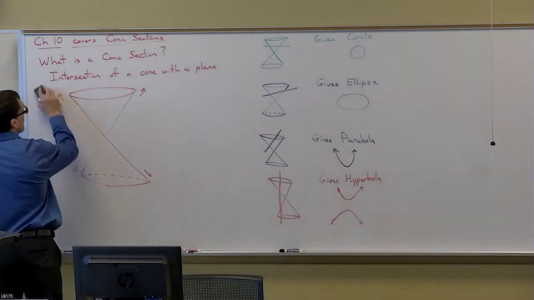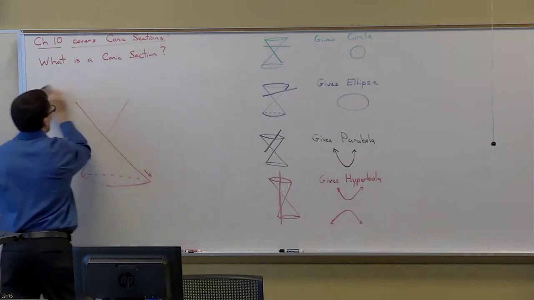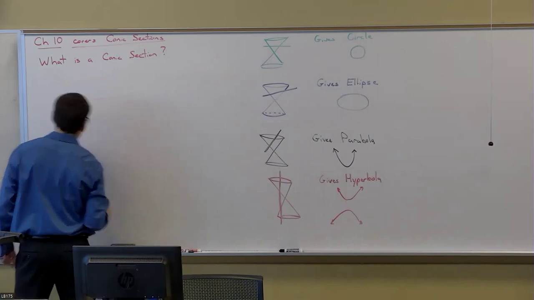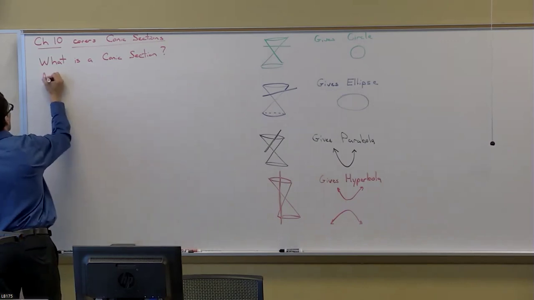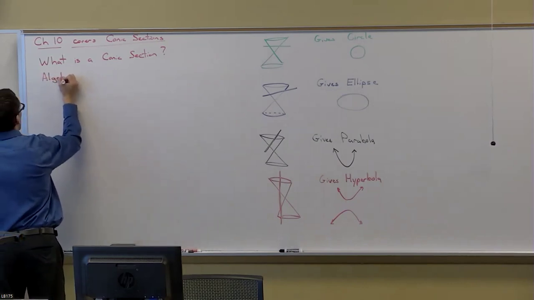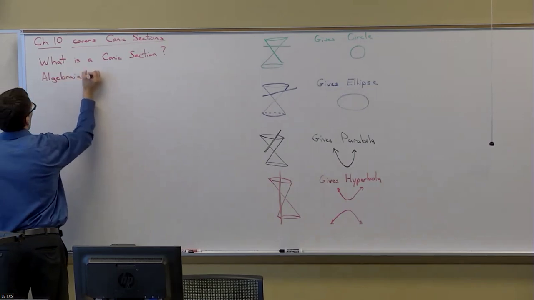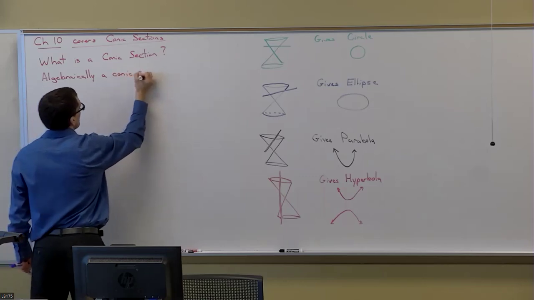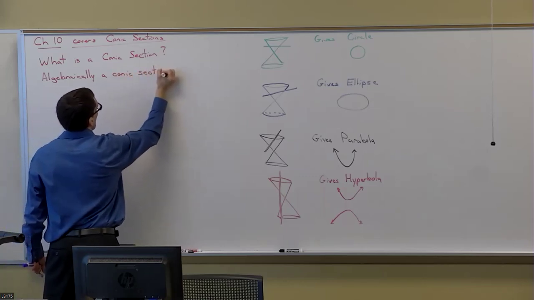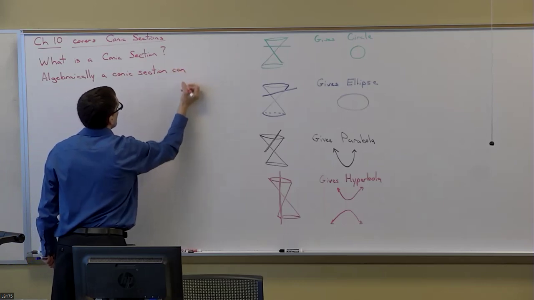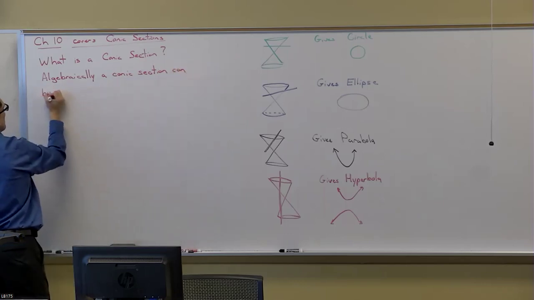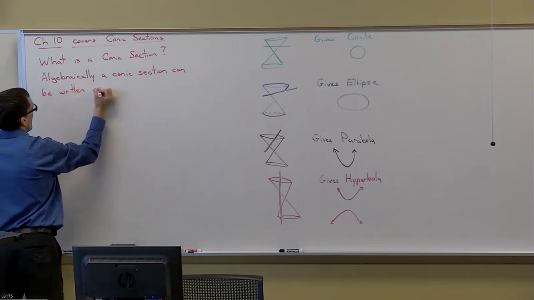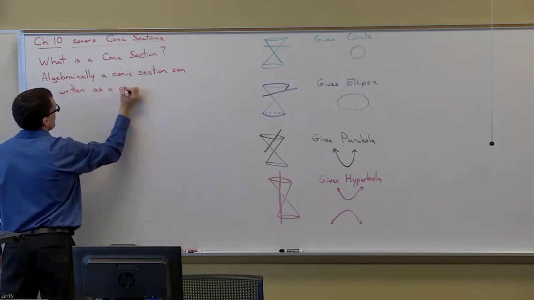Algebraically, a conic section can be written as a quadratic in two variables.